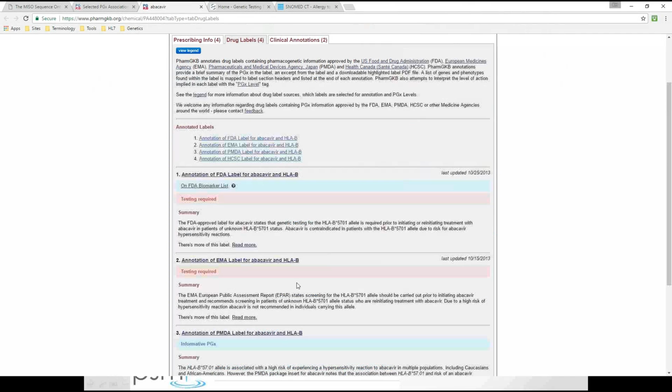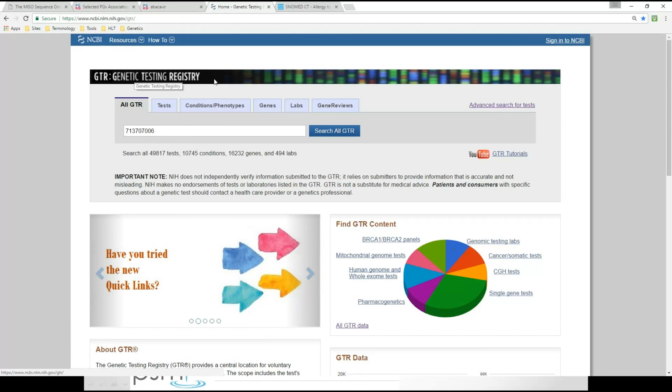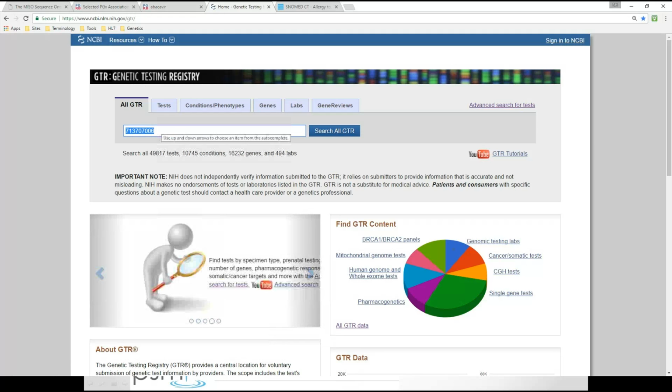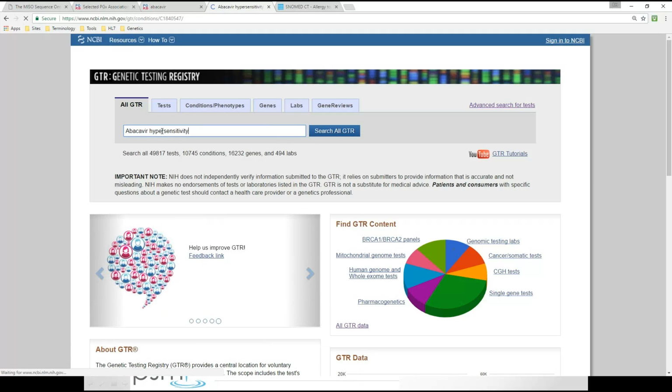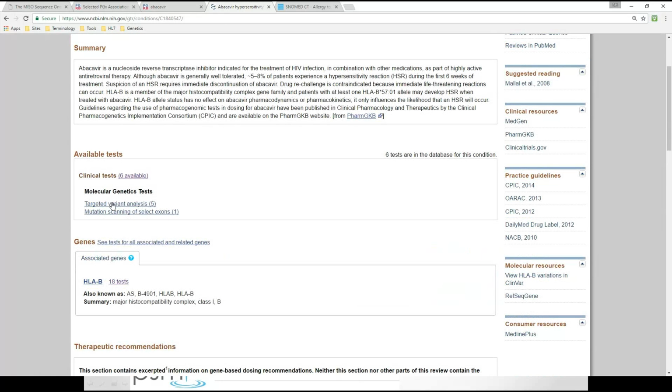And just as an example, we have here a website, also at the NCBI, a genetic testing registry. In this case, I plugged in the SNOMED code for an abacavir allergy, and I'll just cut to the chase and say we didn't get any results. So what we can do is we can search for abacavir, and we'll wind up finding that there's 6 tests available.